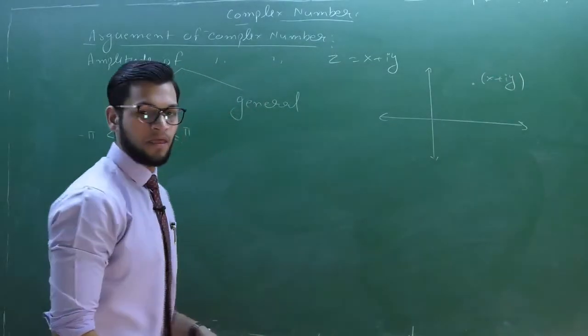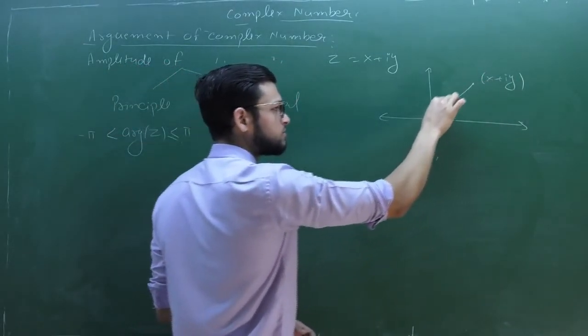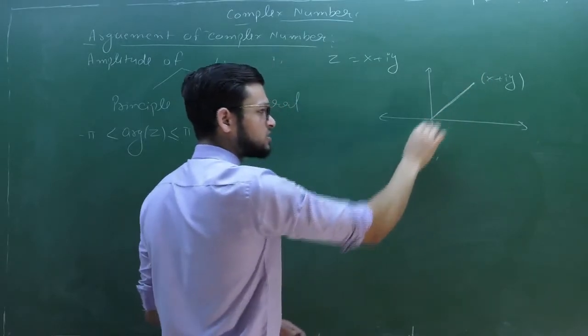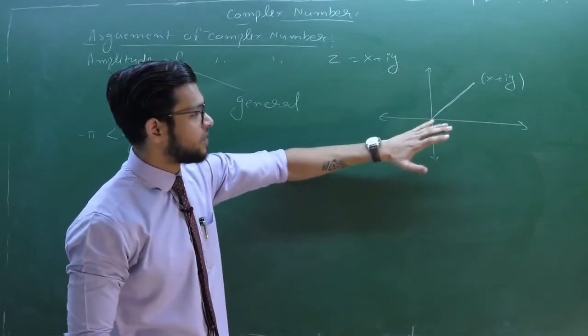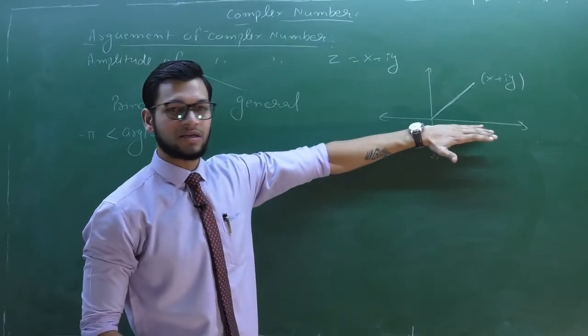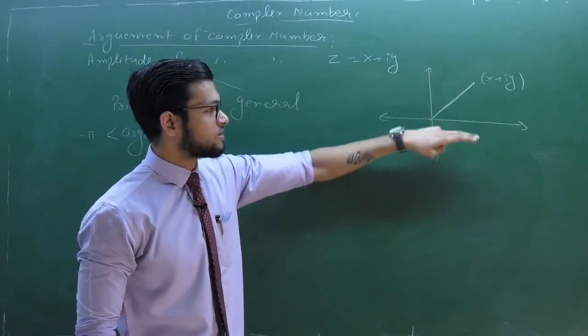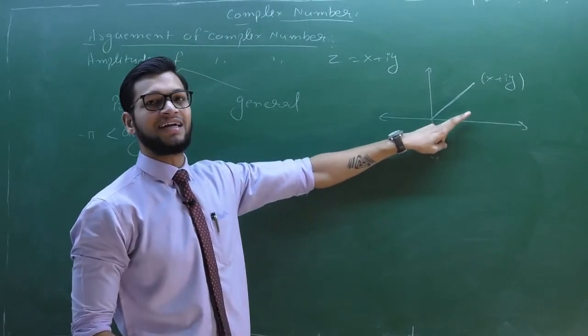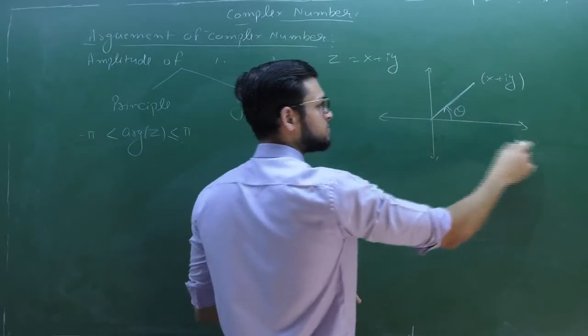If we join this point with the origin, then the angle this line makes with the positive x-axis in the anti-clockwise direction is called the argument of z.